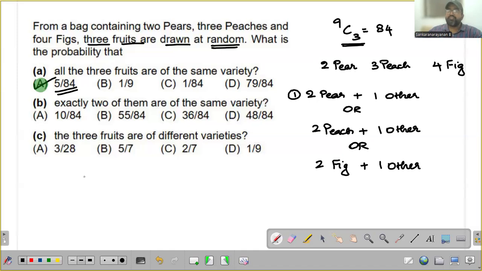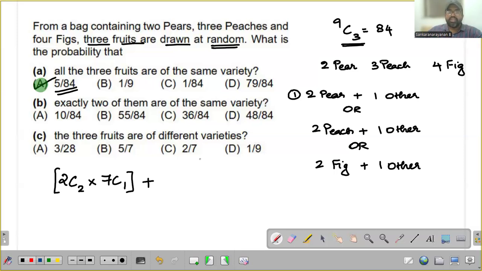How many ways can this happen? There are 2 pear, you are selecting 2 out of that, 2C2, and one other. When I say one other, we are talking about 3 peach plus 4 fig, 7 fruits. From that 7, you are selecting 1. So this is corresponding to the 2 pear and one other. Or, so that's why the plus symbol.